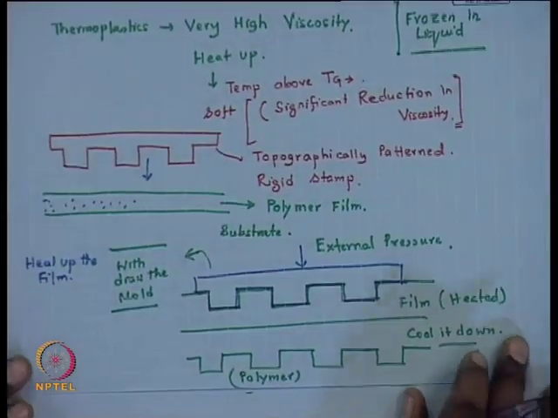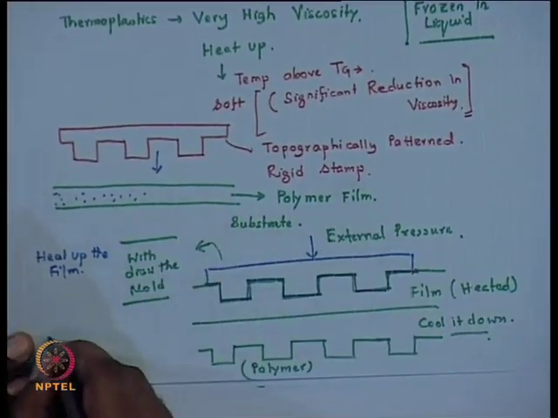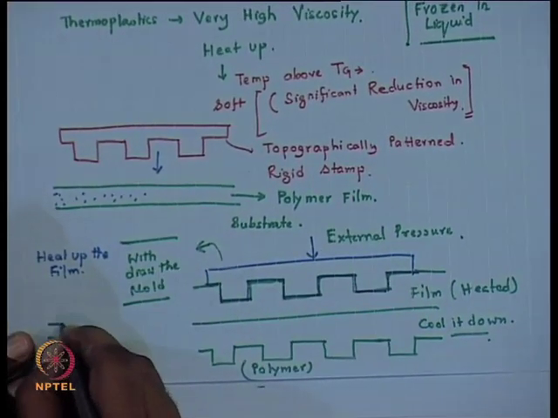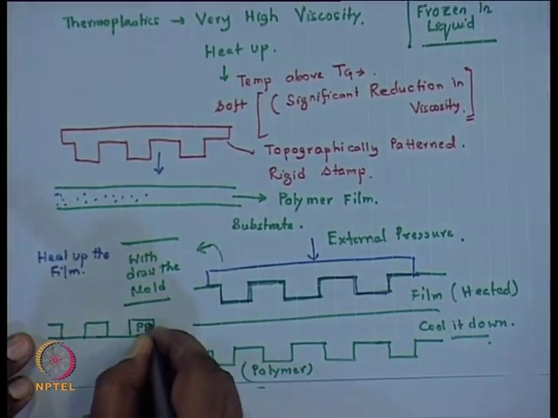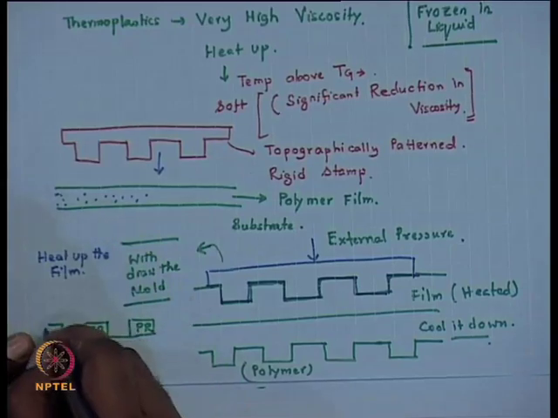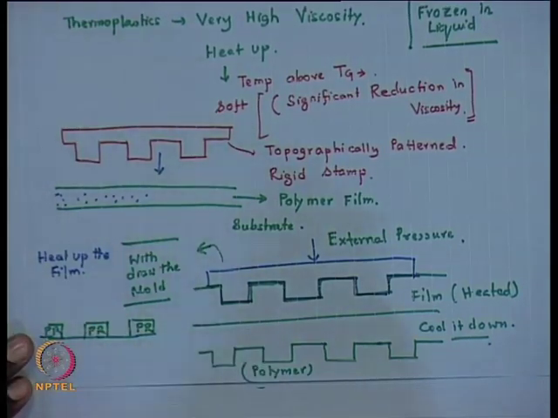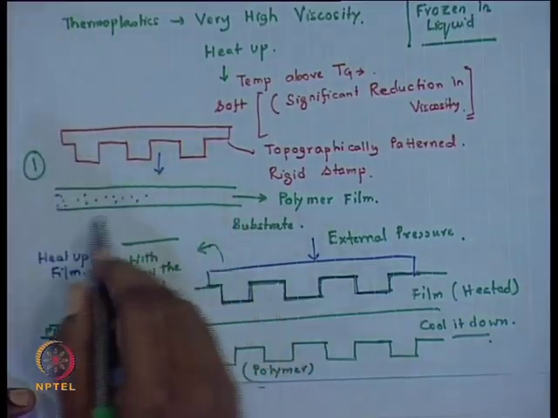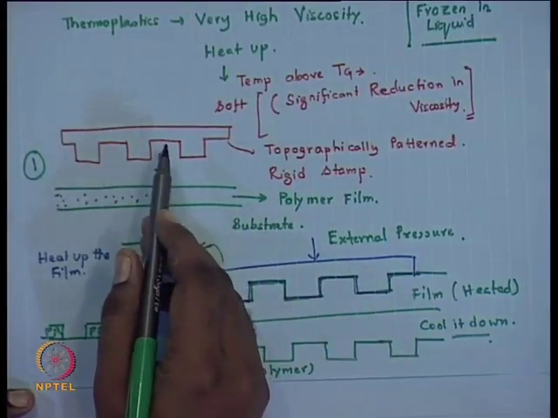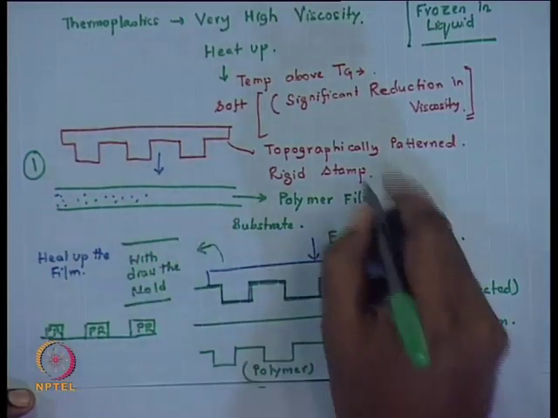Okay. So, if you now compare it with the creation of a patterned photoresist layer, which was in photolithography, which was again a polymer, you see how simply you have done it. There you required a mask, you required a UV exposure, you required a baking, development, etc. But here, step 1, you take a polymer film, you take a rigid topographically structured stamp or a mold.